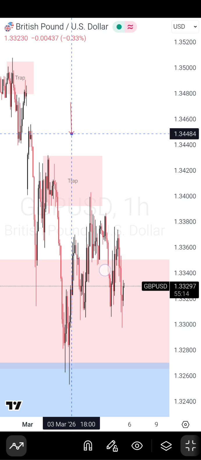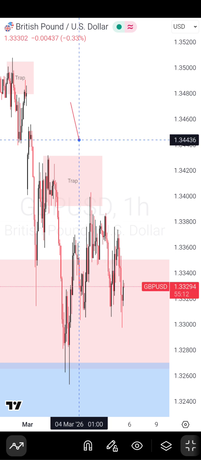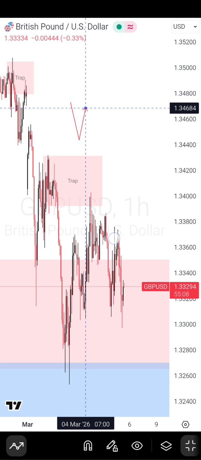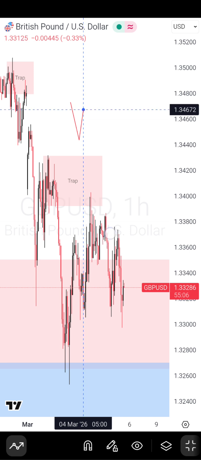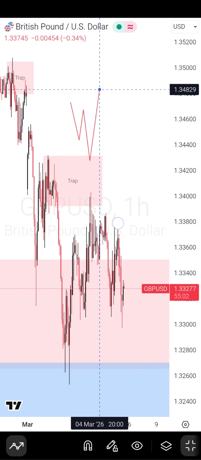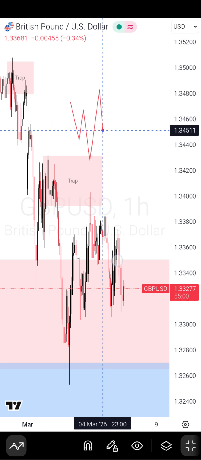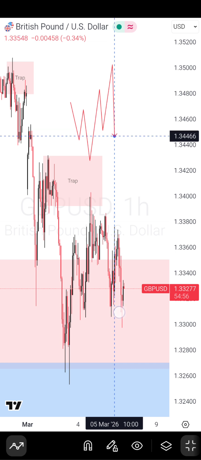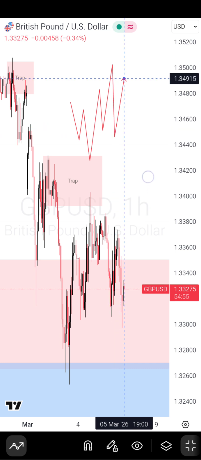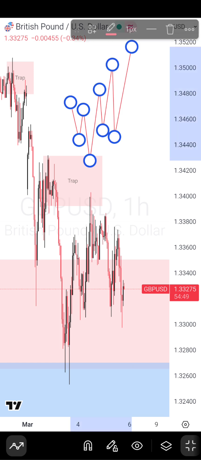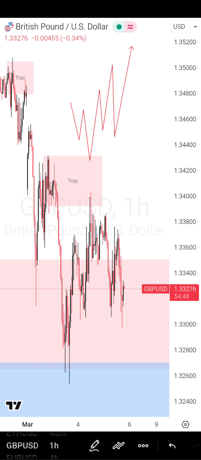Since we are in a downtrend, I want to see something like this: a break of structure that creates a liquidity point. Then I want to see price come back and take out that liquidity for me to continue buying. This is actually what I want to see on the 1-hour time frame.